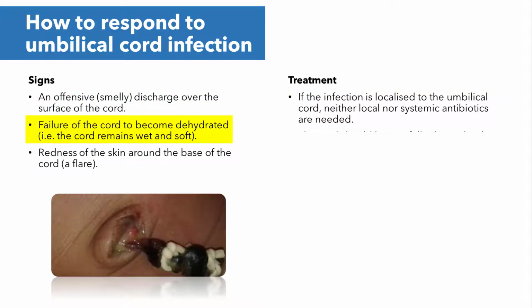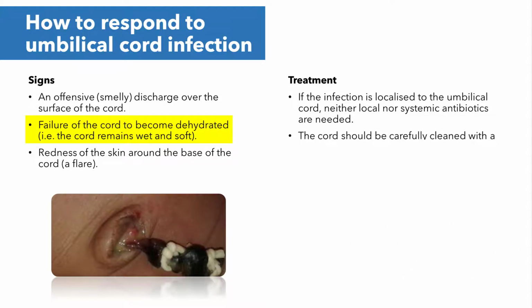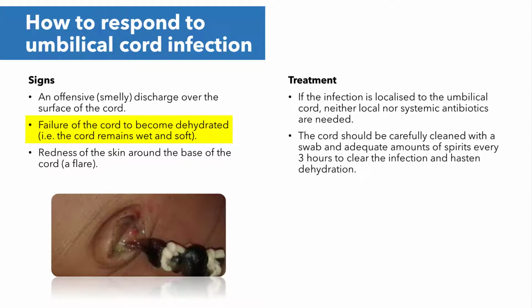The next one is failure of the cord to become dehydrated. That is, the cord remains wet and soft, is not dry. After a few days after birth, the cord should start drying up, and of course before it falls off. But if it remains wet and soft, then it should be of concern to you.